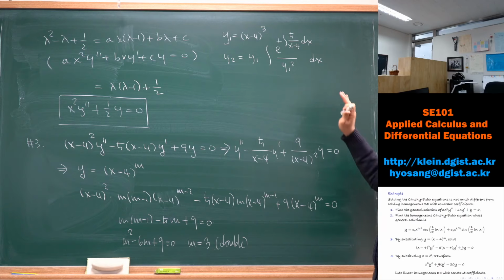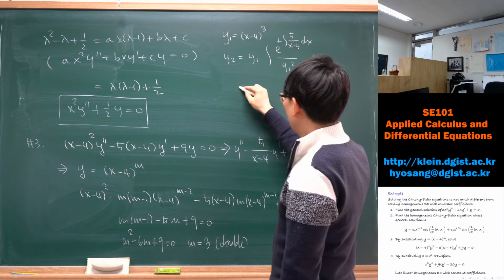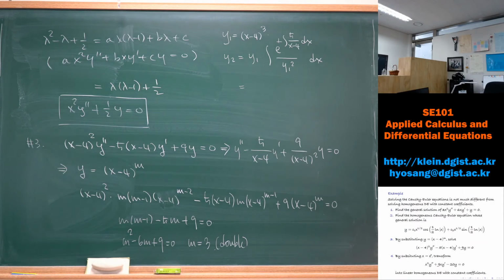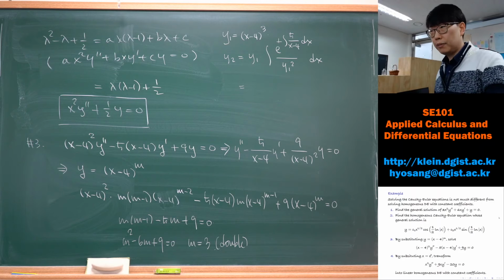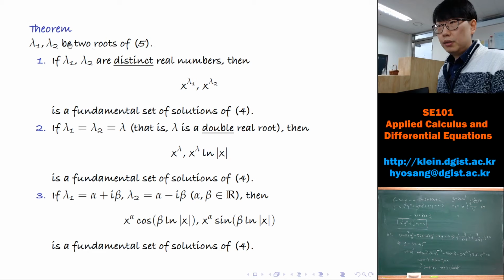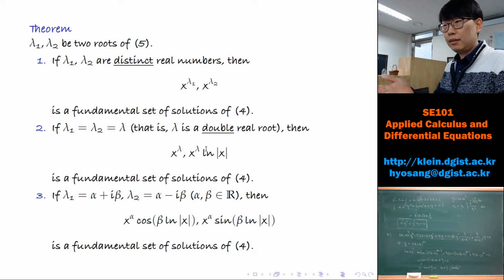You can compute your second fundamental solution this way, but also you can simply look at the form. In the Cauchy-Euler equation, the second fundamental solution looks like ln of the absolute value of x, right? So everything is the same, with x replaced by x minus 4 in this example.